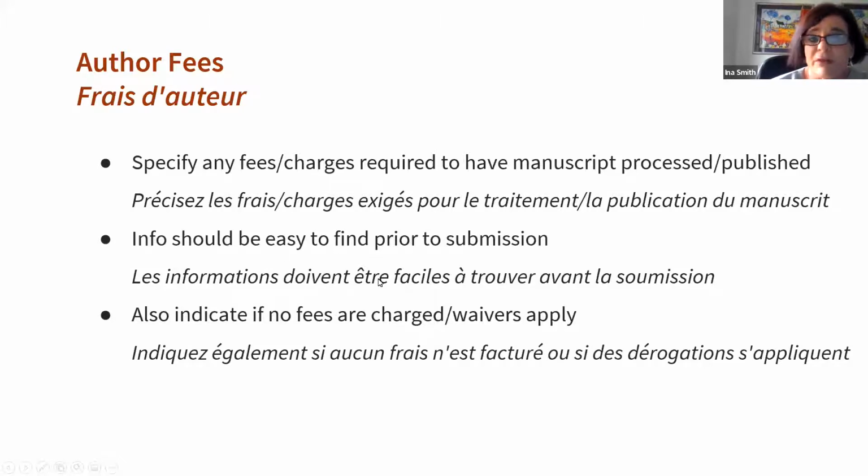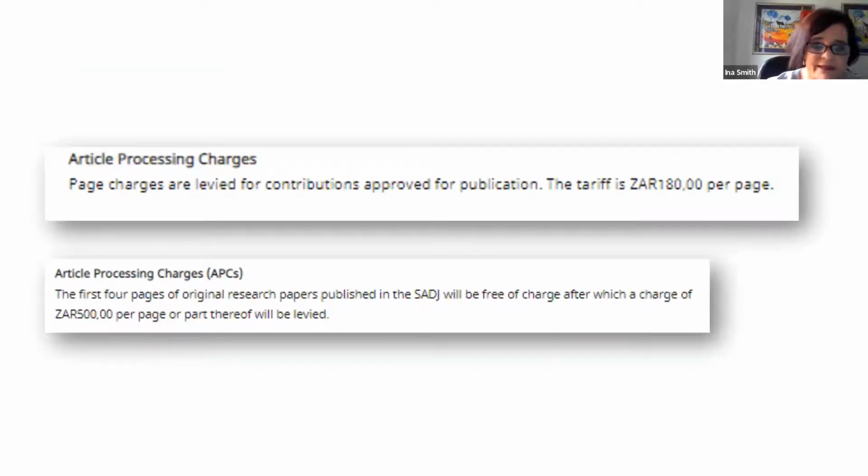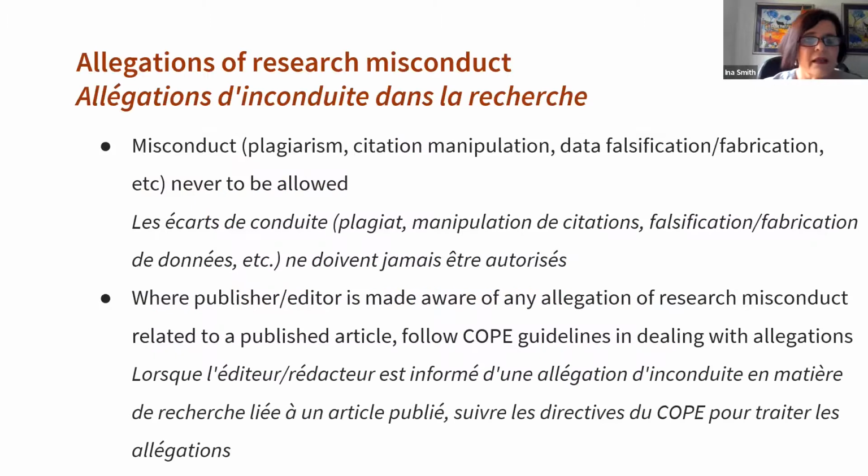And the information should be easy to find prior to submission. Authors should not be surprised to be charged an enormous amount after the paper has been approved for publication. It should be openly accessible on your website, and there are some examples, once again just one or two sentences, but be clear about what you will charge for.